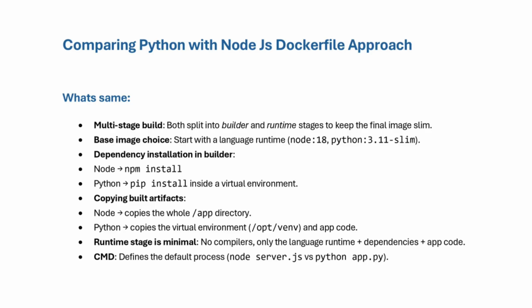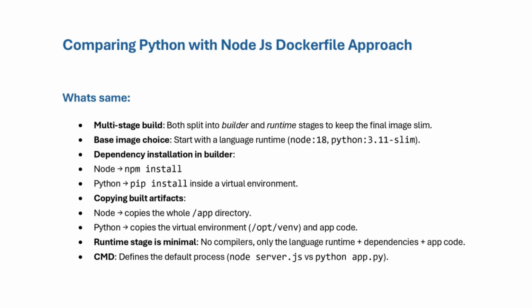Dependency installation in builder: in Node we have used npm install for dependency installation in the builder stage, whereas in Python we have used pip install inside a virtual environment. That means npm install is for Node and pip install is for Python.